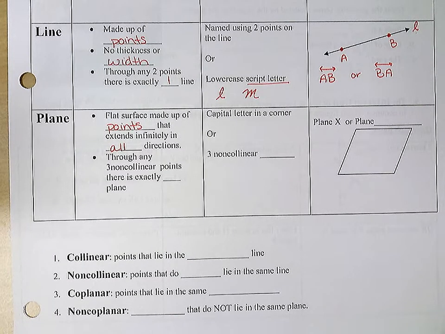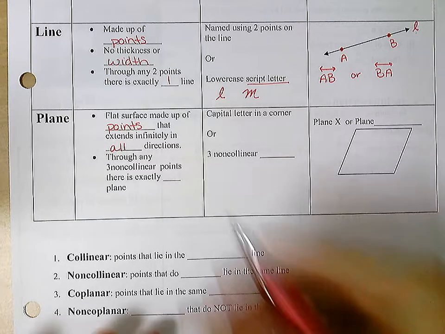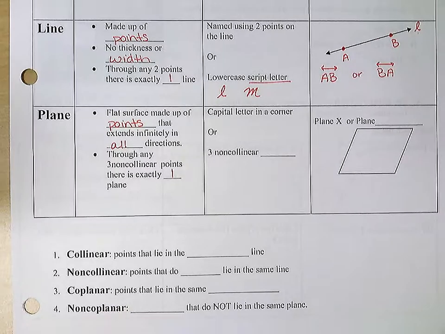It can be sideways, it can be flat, it can be vertical, anything like that. Through any three non-collinear points, there is exactly one plane, and I'll get into what non-collinear points are in a little bit. So through those 3 points, there's exactly one plane.